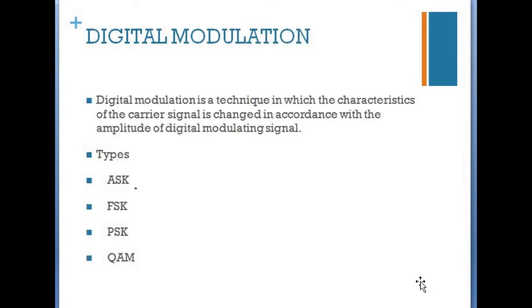Let us start with what is digital modulation. Digital modulation is a technique in which the characteristics of the carrier signal are changed in accordance with the amplitude of the digital modulating signal. Here, the digital modulating signal is in unipolar format and the carrier signal is a very high frequency analog signal.